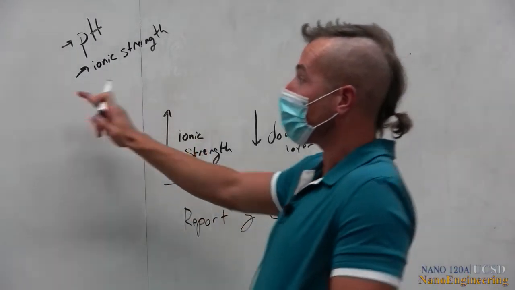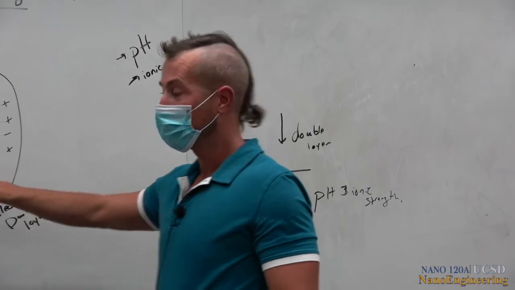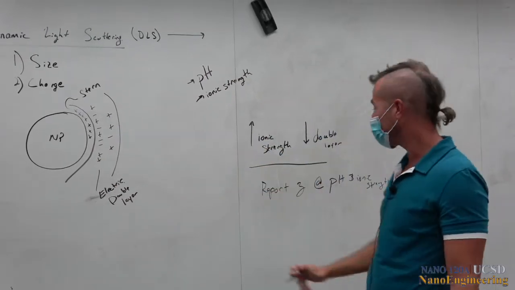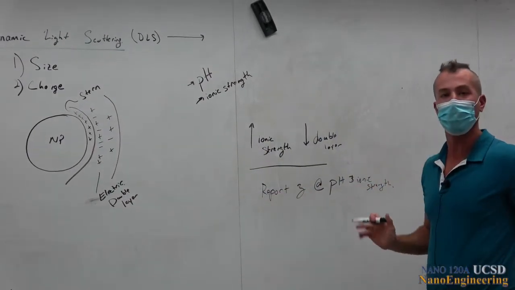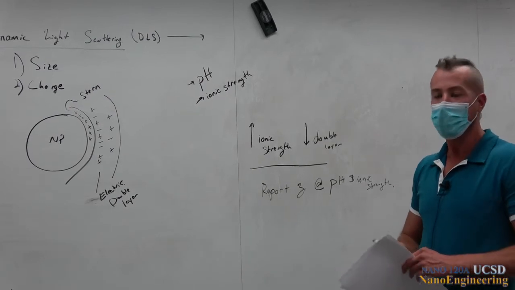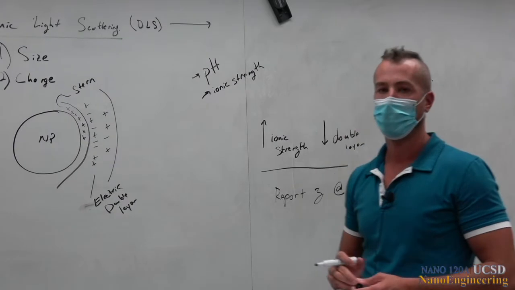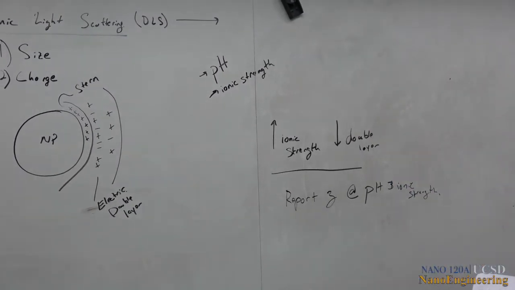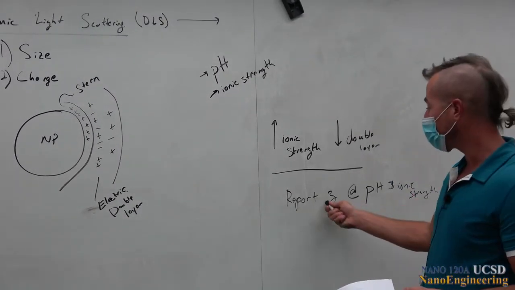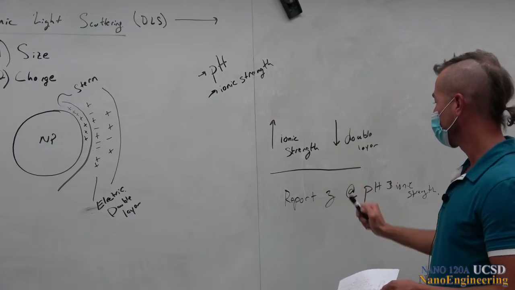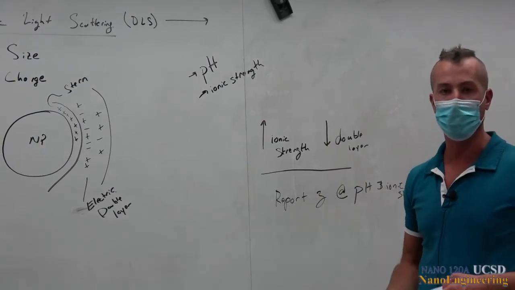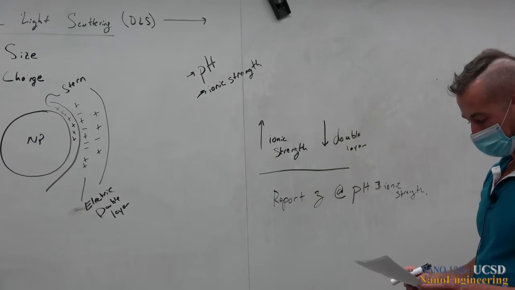Because the surface charge, the potential across the double layer, changes with both of these conditions, right? So it's not as if there's the right condition to measure this. But the value you're interested in needs to be at the conditions you're interested in. Okay?